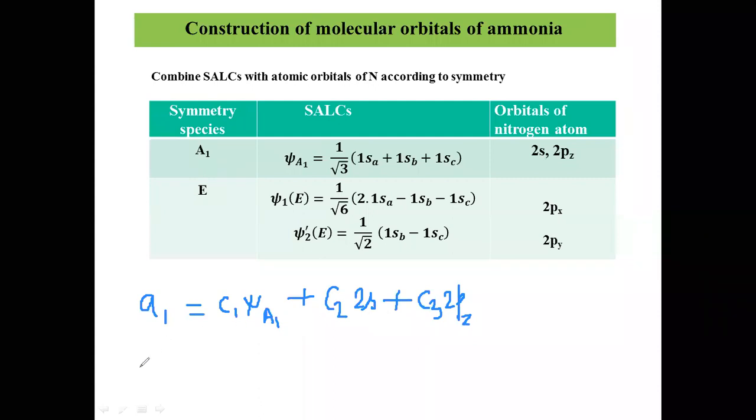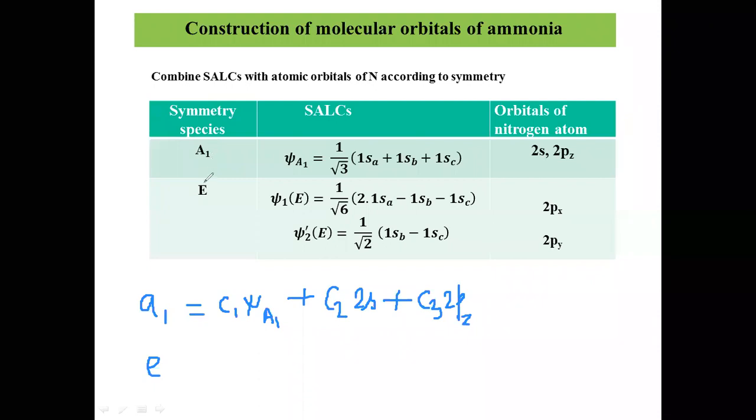Exactly in the same fashion, we have to do it for the doubly degenerate representation. So one of the combinations I am going to take is this one plus this one. So this is going to be E type. Okay, now one thing you have to remember: when I'm going for MOs, I'm writing small letters, because this is the convention.